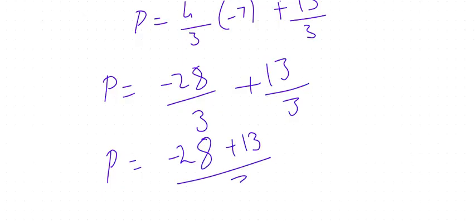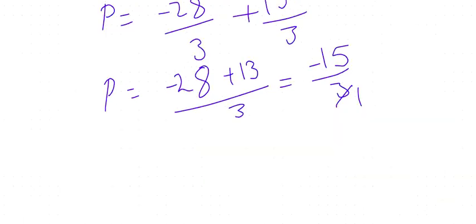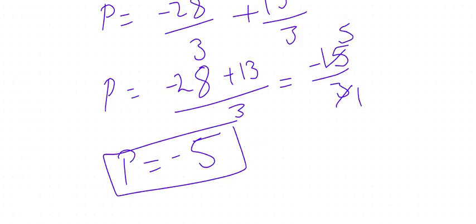After dividing, 3 ones are 3 and 3 fives are 15. So p equals minus 5, and this is the required answer. Since p is minus 5, the coordinate of C is minus 7 and minus 5. Okay, this is the required answer.